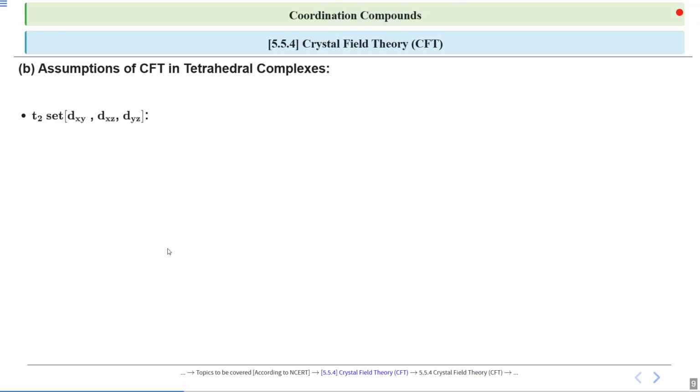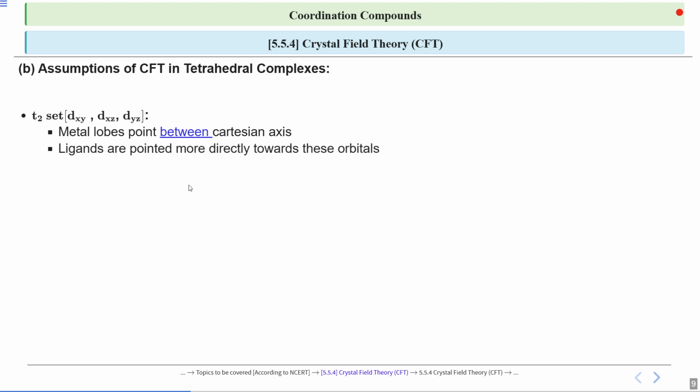Now, the T2 set contains the 3 d orbitals dxy, dxz and dyz. Here the metal lobes point between the Cartesian axes, and the ligands are pointed more directly towards these orbitals.